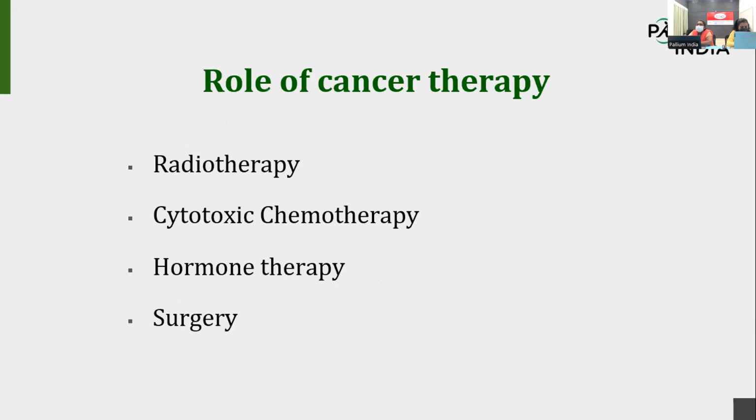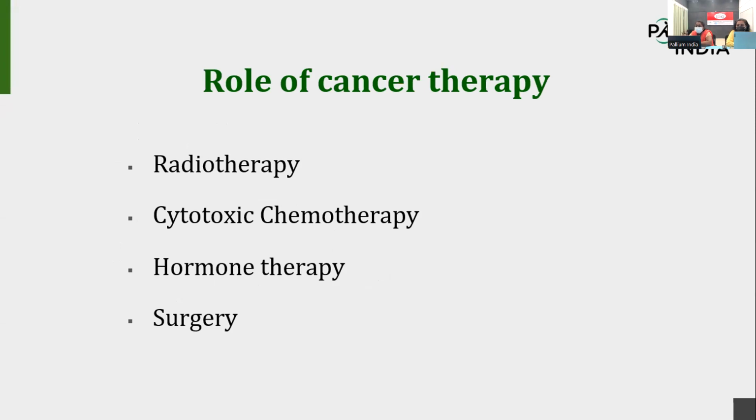So coming to the role of cancer therapy: radiotherapy, cytotoxic chemotherapy, hormone therapy, and surgery. If the patient's health condition is okay, you can think about debulking surgery. And if you suggest radiotherapy, chemotherapy, and hormone therapy, this will help to reduce the size of the tumor. If the tumor size is increasing, it will be compressing the blood vessels.